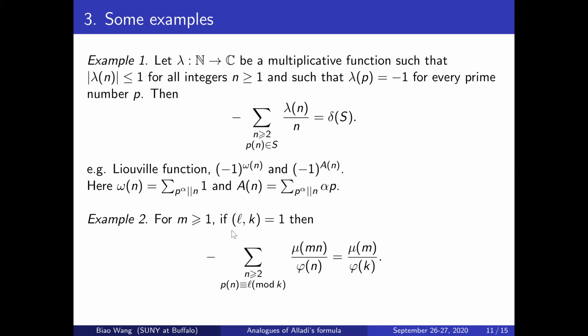Second, we can get the following formula. Here m is fixed, and the point is that it involves mu of m n. So this means that n has to be coprime to m.